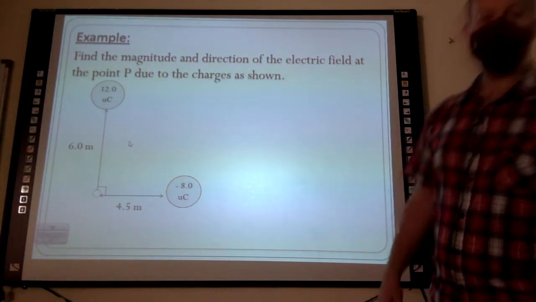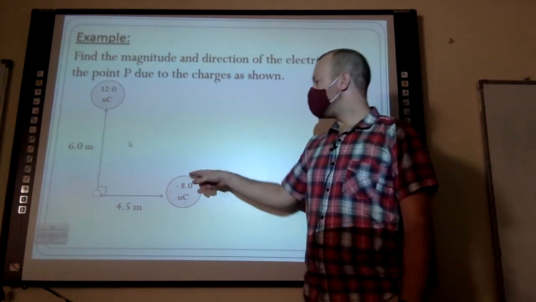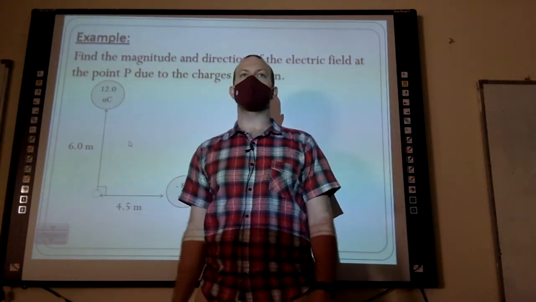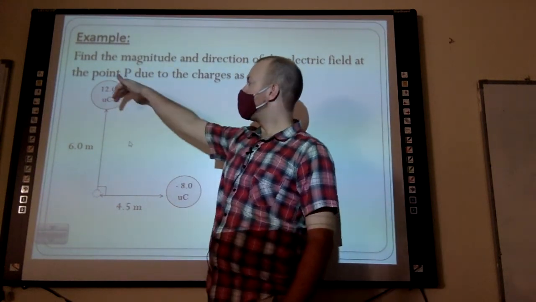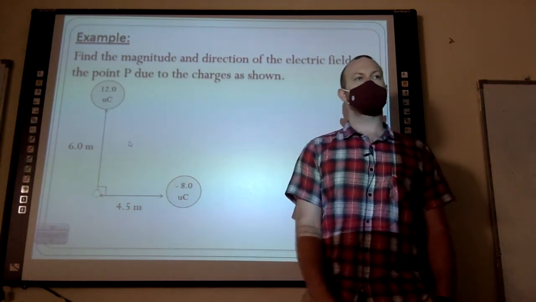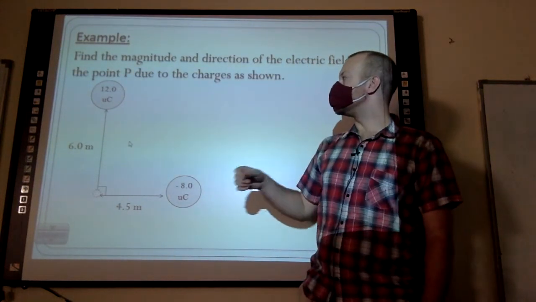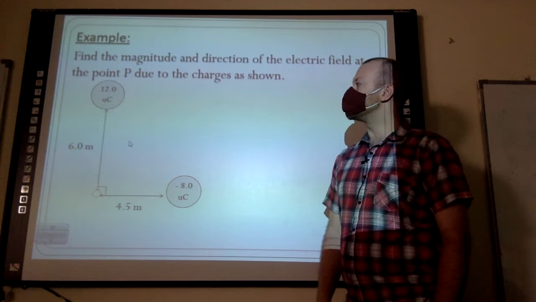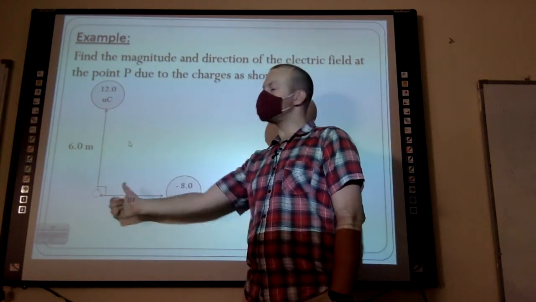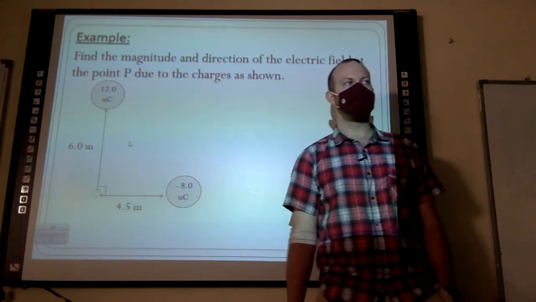If I said this is a force pushing this way, this is a force pushing this way, what's the total force? If I said this has a momentum this way, this has a momentum this way, what's the total momentum? If I have a tension pulling this way, a tension pulling this way, what's the total tension?